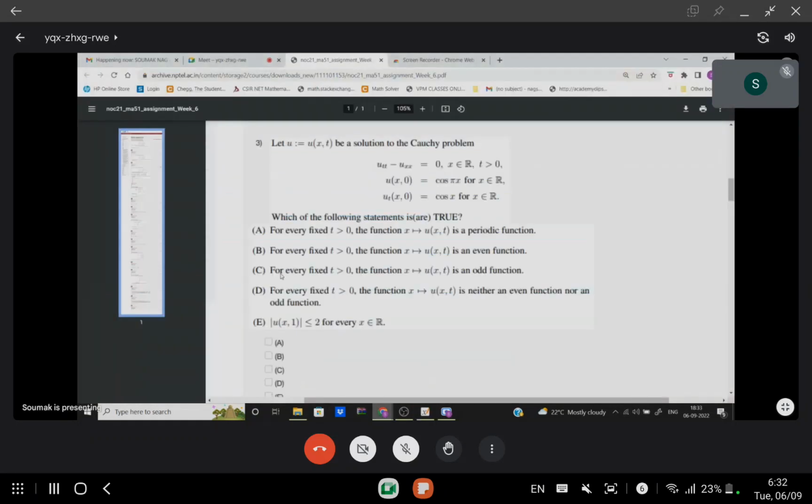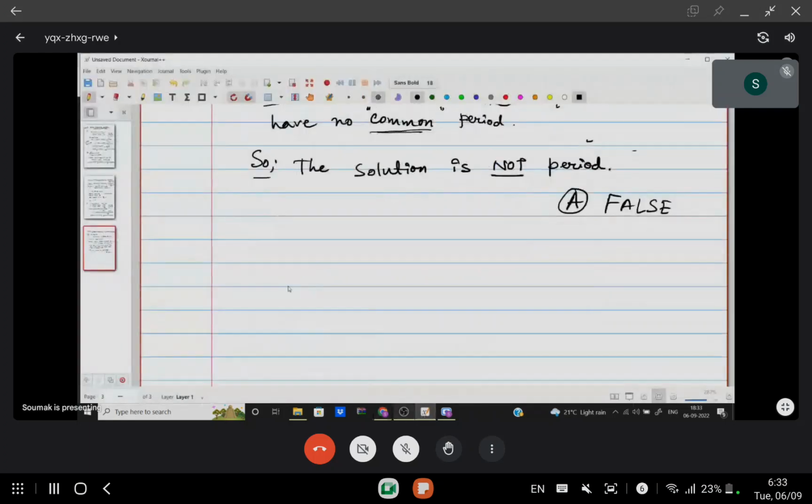Option B is that for every fixed t, the function x goes to u(x,t) is an even function. Are you still writing in the chat box, or should I move to option B? Okay, what about 4 pi? No, no, no, 4 pi is not the LCM of 2 comma 2 pi, it does not exist.